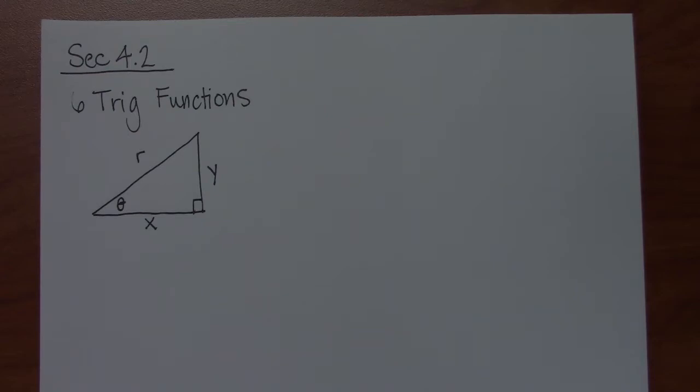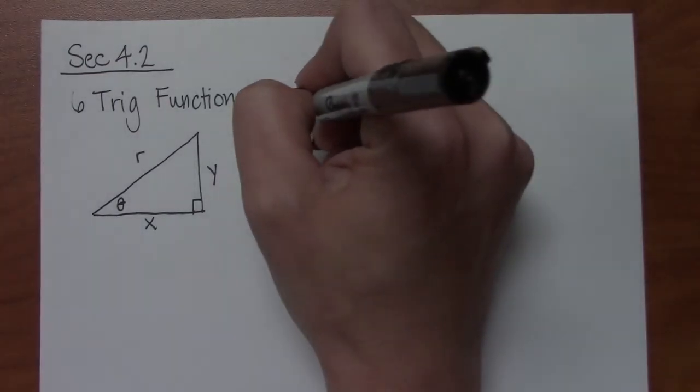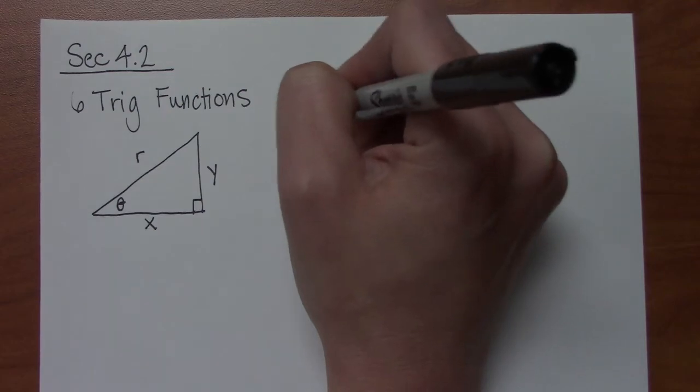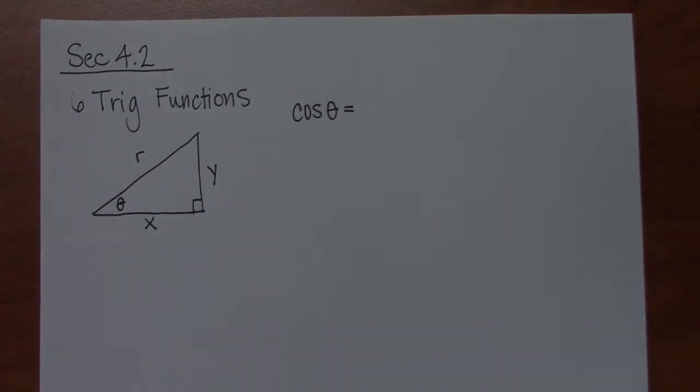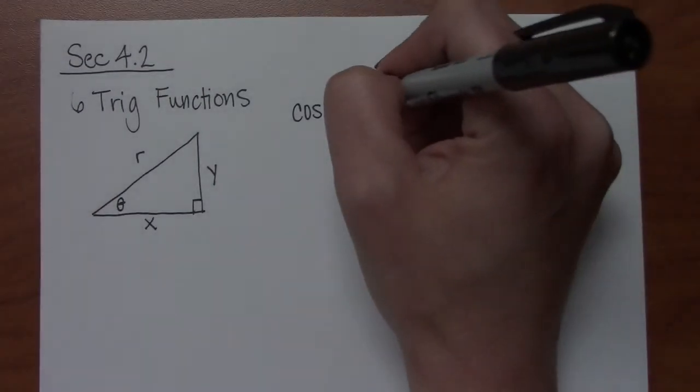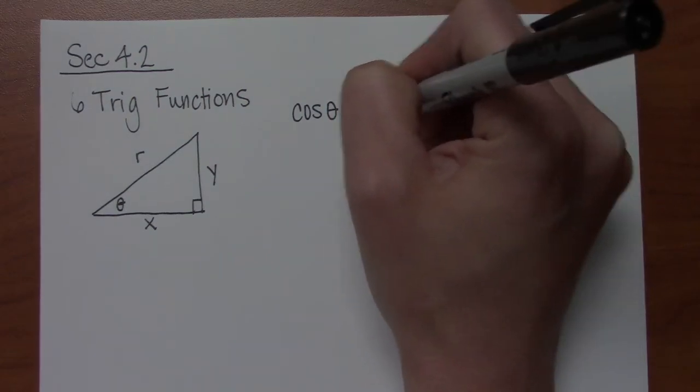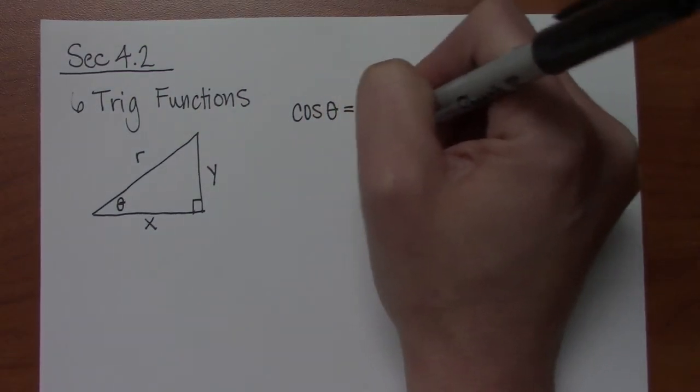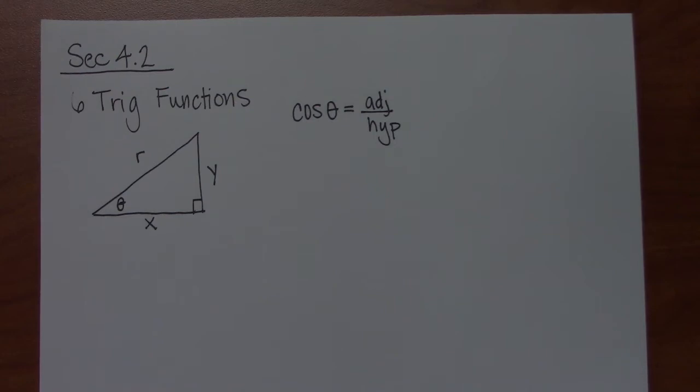So the first thing that we want to talk about here is cosine of theta, all right? So when we're talking about cosine theta, we can calculate it in terms of the lengths of the sides of the right triangle, and we say, well, it's the adjacent side over the hypotenuse. Now, when I was first learning this stuff, I was like, well, adjacent means next to, right?